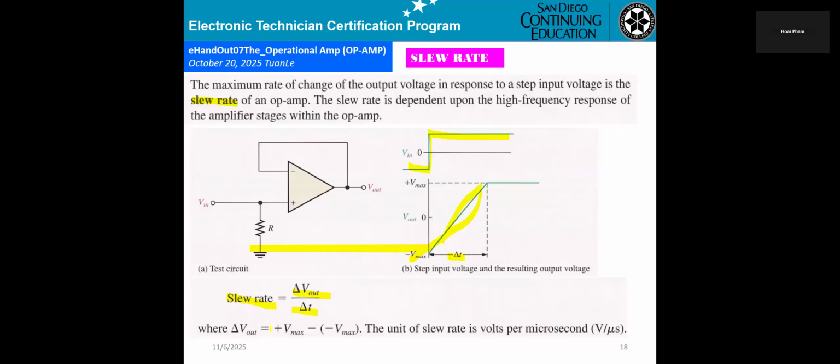Okay? And also, they're telling you delta Vout equals V maximum minus minus V maximum. The unit of the slew rate is volts per microsecond. Let's see. We can get an example here.